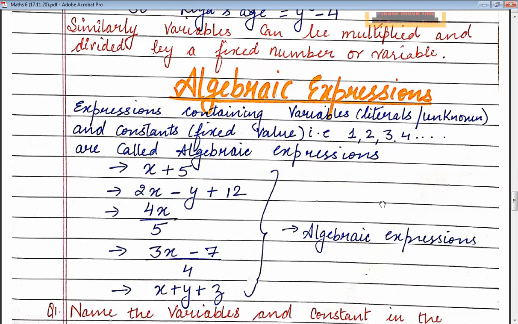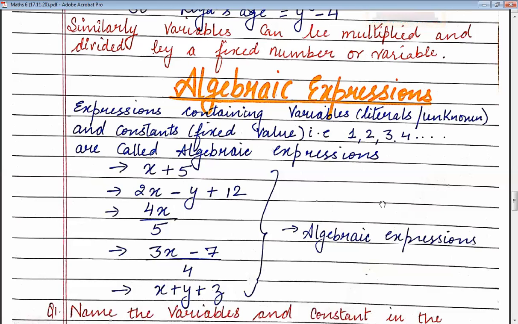Constants have a fixed value like number 2, number 3, number 4, number 11, because all the values are fixed. Now, algebraic expressions are the combination of variable and constants.